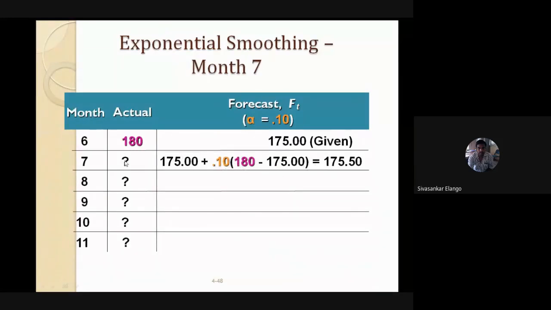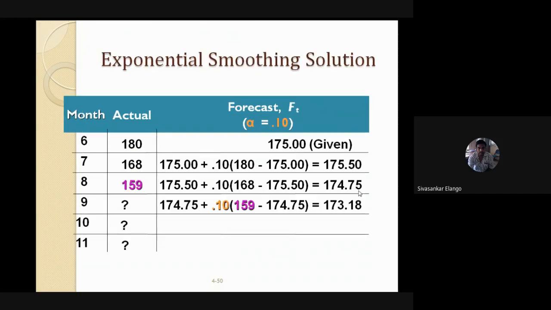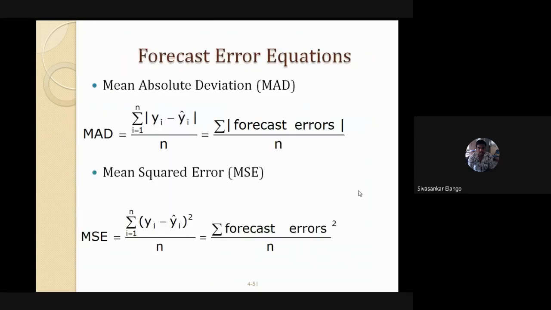Based on this, the forecast value for month 7 will be 175.50, and for month 8 it will again be the forecasted value plus alpha multiplied by actual value minus forecasted value. This method is known as exponential smoothing, and it can be applied for forecasting.